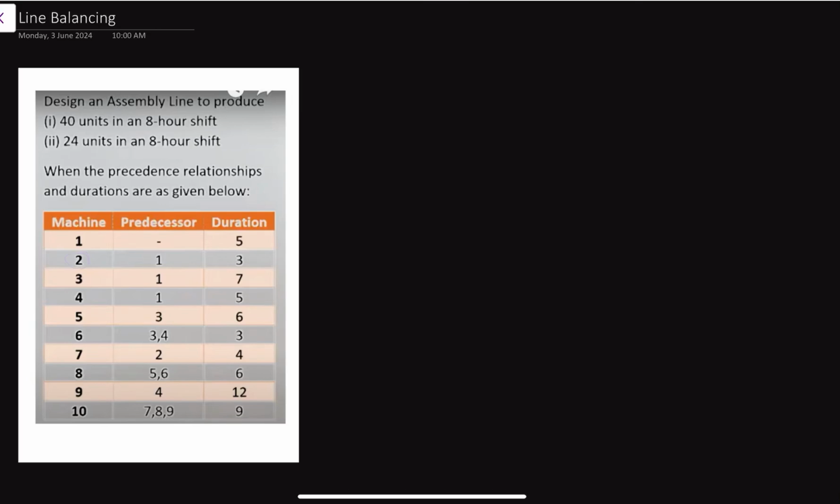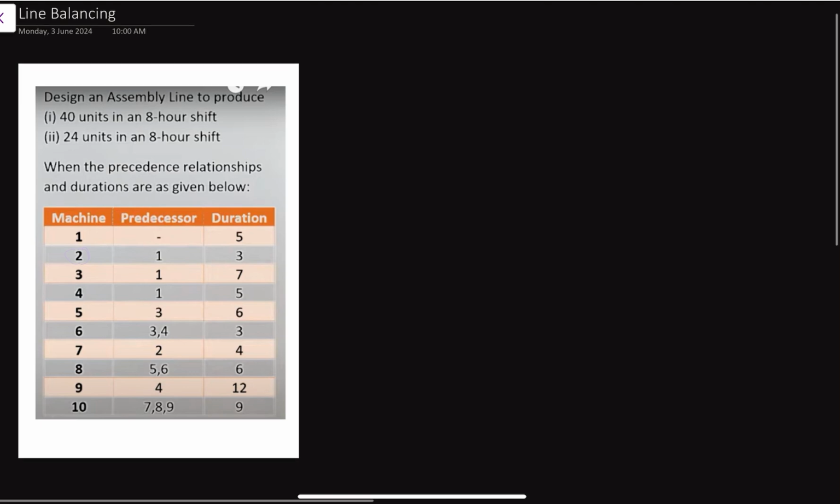So in this video, we will do a problem on line balancing using the RPW method, or it is called rank positional weight method.